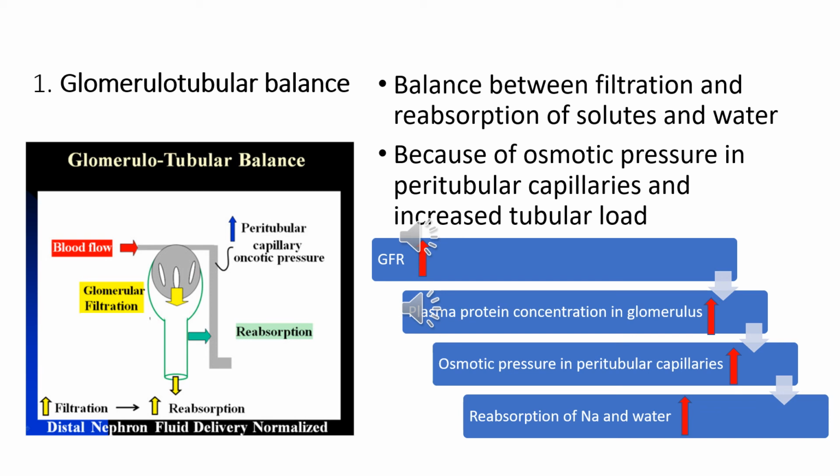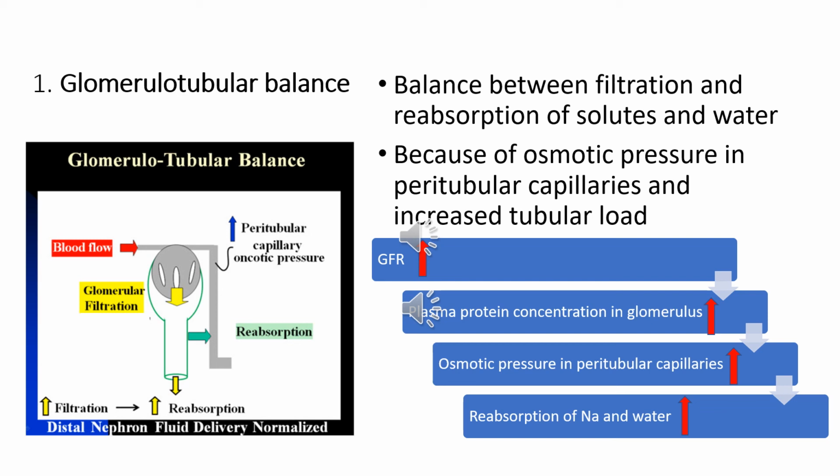So let's see the increase in osmotic pressure in peritubular capillaries. When the glomerular filtration rate increases, the amount of plasma proteins that is accumulated in the glomerulus also increases. Okay, as the protein is not filtered, this protein will remain in the blood in the glomerulus, and thus the protein concentration will keep increasing as the filtration goes on.